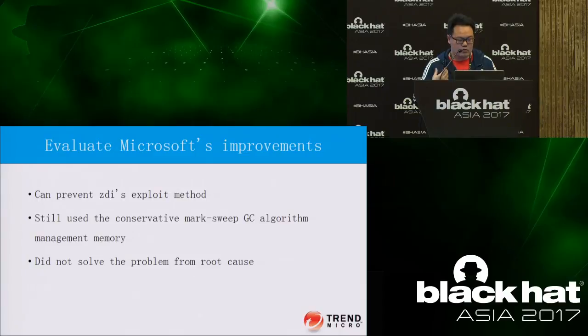Let's look at Microsoft's improvements. These improvements can prevent ZDI's exploit method, but it still uses the conservative mark-and-sweep GC algorithm to manage memory, and didn't solve the problem at the root cause.